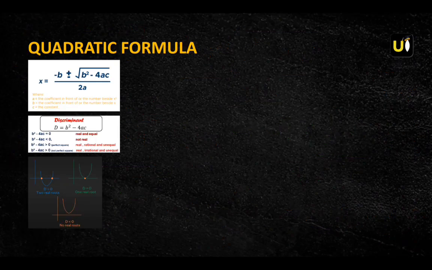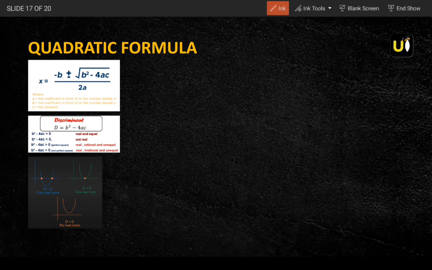Next, the quadratic formula. So here we discussed the quadratic formula: x equal to minus b plus or minus root over b square minus 4ac, by 2a. This is really a very important formula. So now let's discuss the discriminant. What is the discriminant?